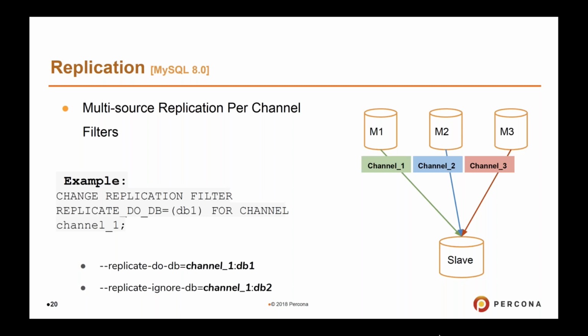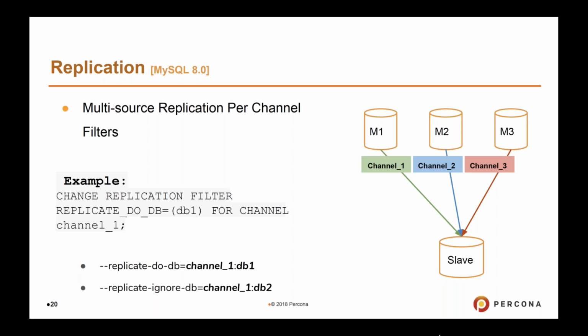So let's say the scenario is in m1 and m2 I have the db1 database, and for m1 I want to replicate, for m2 I don't want to replicate. So in 5.7 the problem was you could set a filter globally, you cannot set a filter for a particular channel, and that is changed now.